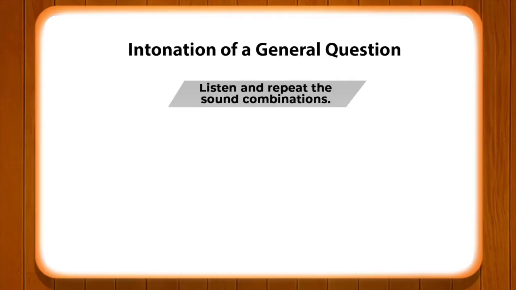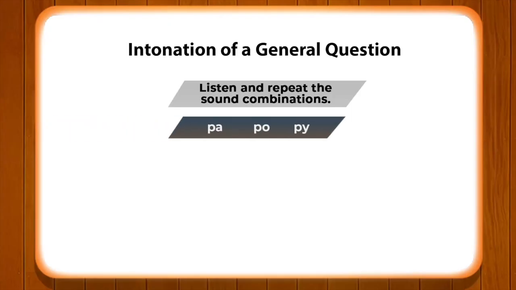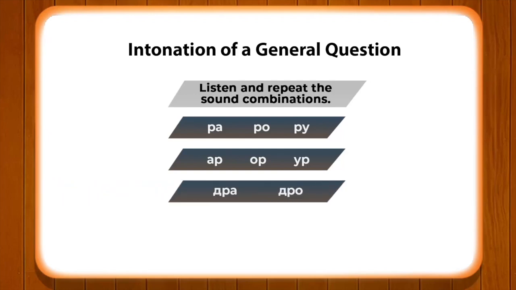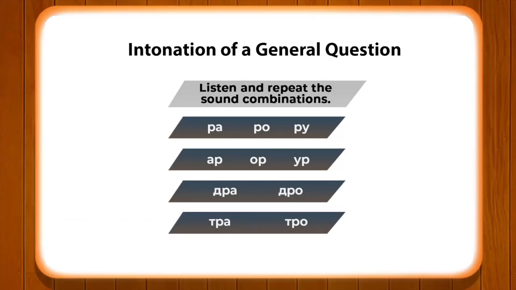So, here we have a combination of different consonants and vowels together. We have ra, ro, ru, ar, or and ur, dra, dro and dru, tra, tro and tru.